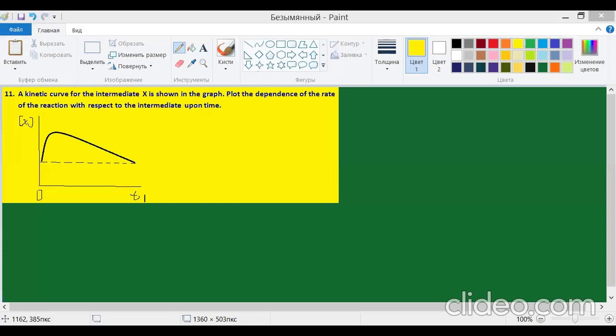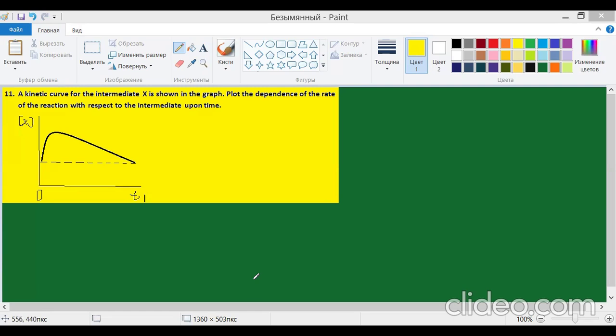Now we're proceeding to the next assignment. Here it is. A kinetic curve for the intermediate x is shown in the graph. Plot the dependence of the rate of reaction with respect to the intermediate against time.